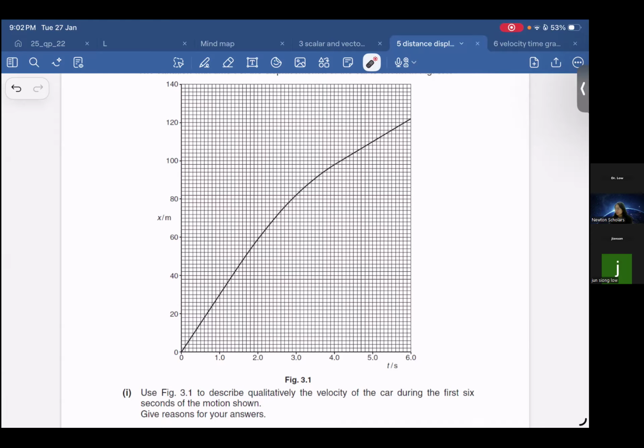Three sections, write down your answer and then tell me why. You need to give reason for your answer.